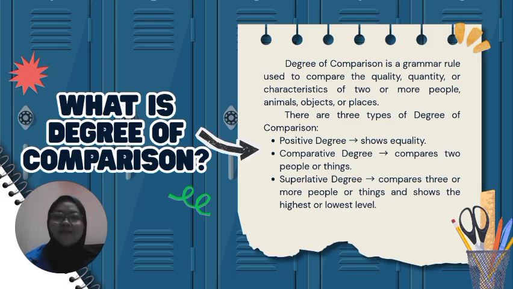The first is positive degree, which shows equality between two things. And the second is comparative degree, which compares two people or things. And the third is superlative degree, which compares three or more people or things and shows the highest or lowest level. Understanding these three types is important because each one has a different pattern and function.